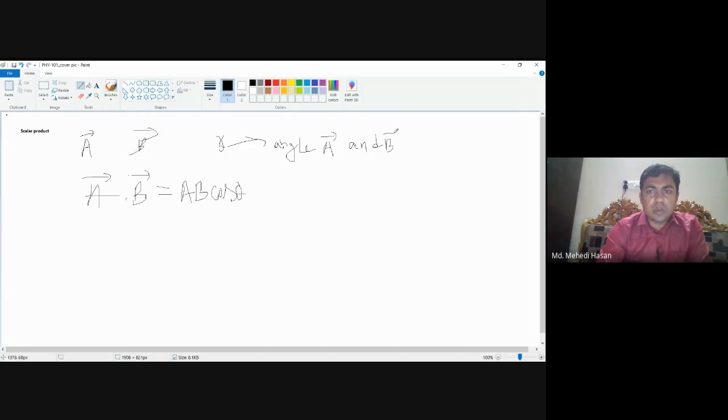So in the case of the scalar product, say two vectors A and B. This angle is not the same angle we used in the previous case, where theta is equal to tan inverse y by x.